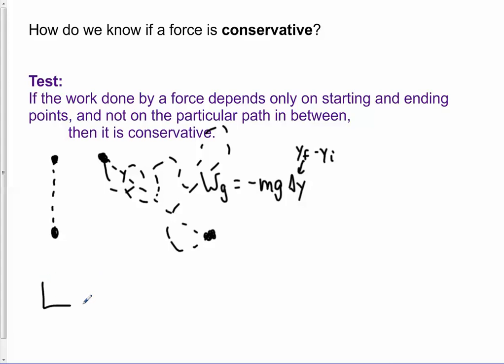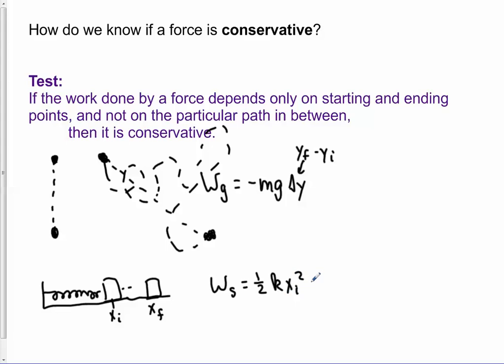And it's the same with a spring. If a spring starts at one position and then later on ends at another position, we figured out that the work done by a spring was 1/2 k x_i squared minus 1/2 k x_f squared, and that formula only asks for the beginning and the end x's.